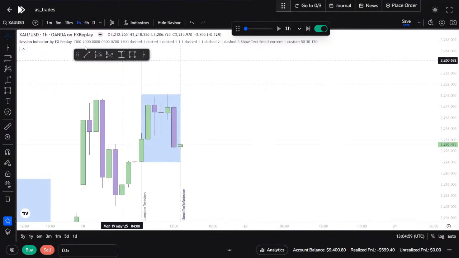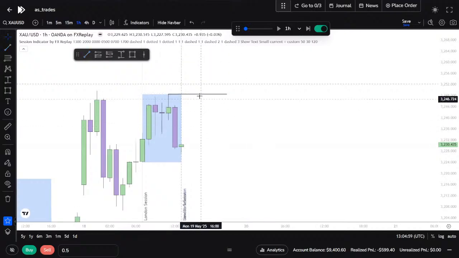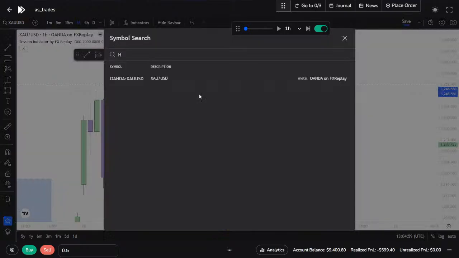Mark our previous highs, previous lows. So there it is. It's actually 210, so we'll do 20.